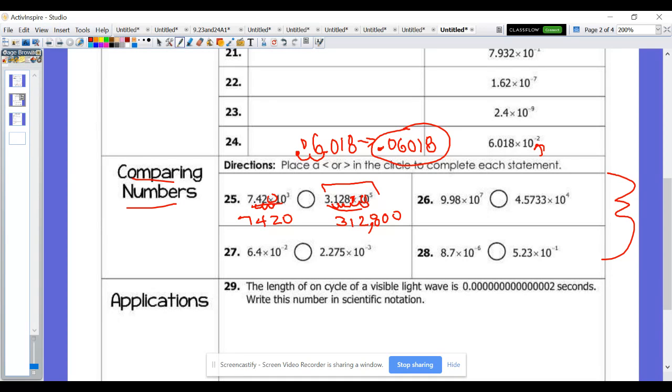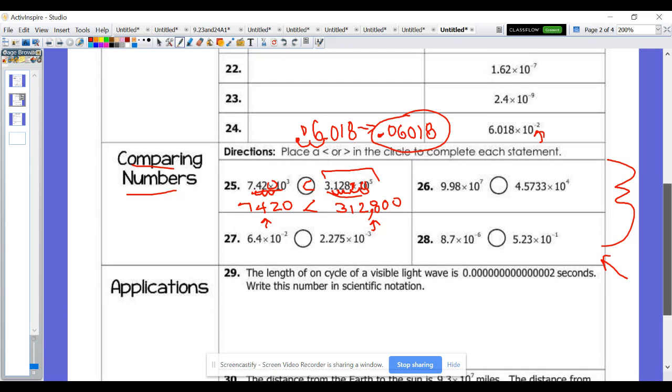And now that's not too hard to tell which one's bigger. This one is 7,420. This one is 312,800. We know that that's bigger, so that's how I can compare those two numbers. So why don't you guys finish this up, do those last 3, and then we'll move on.